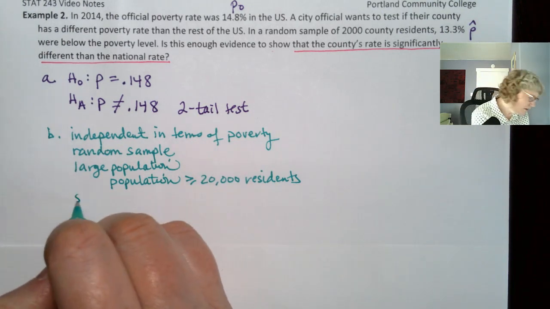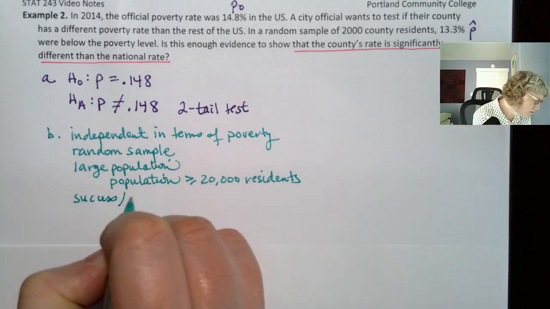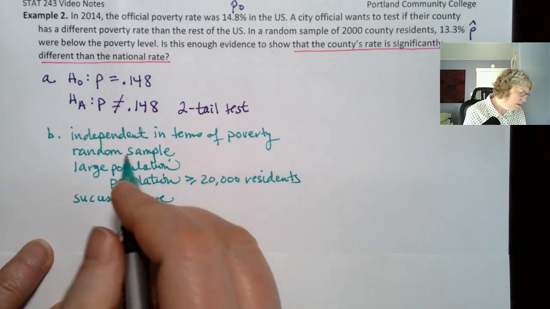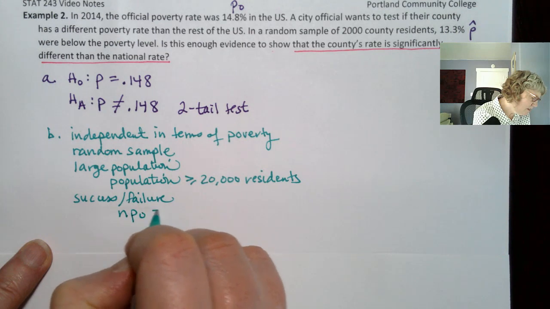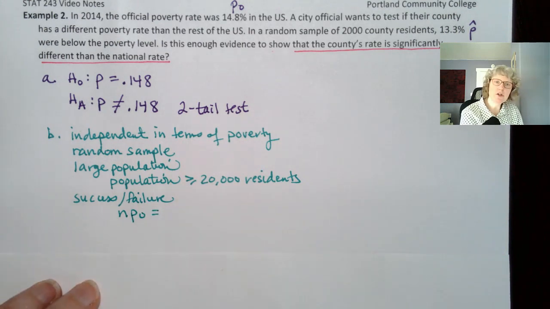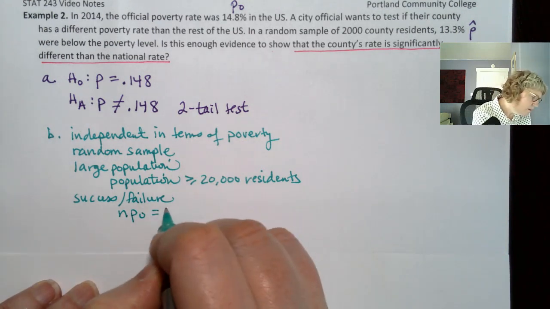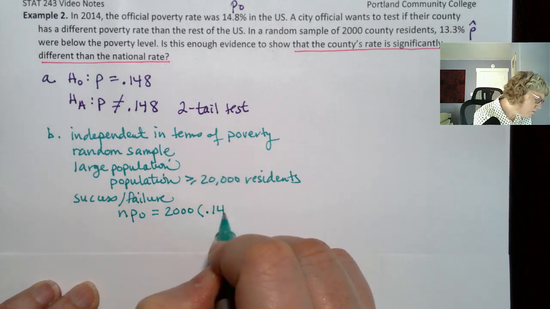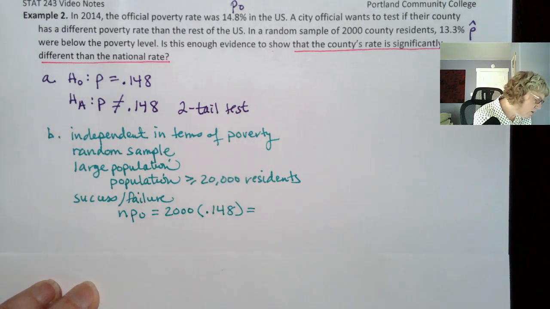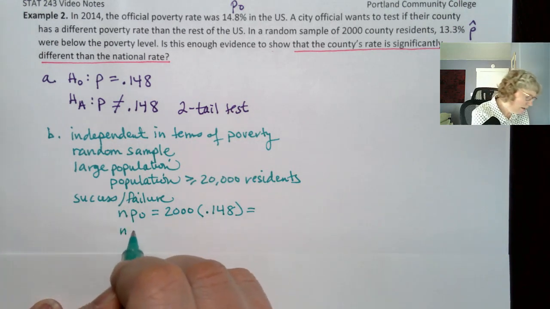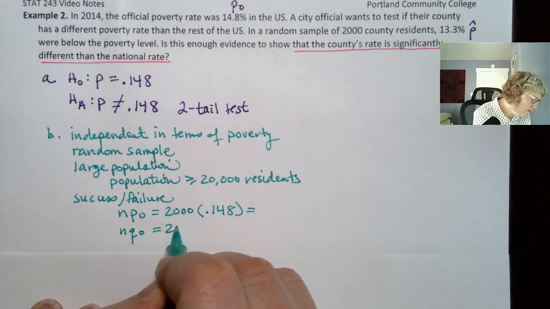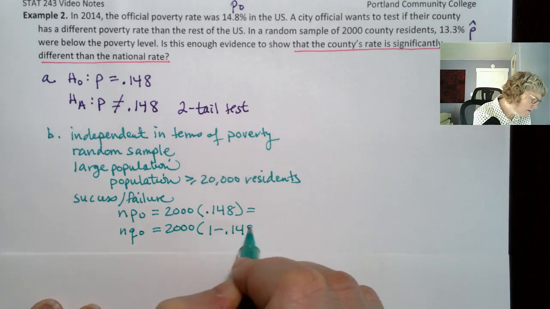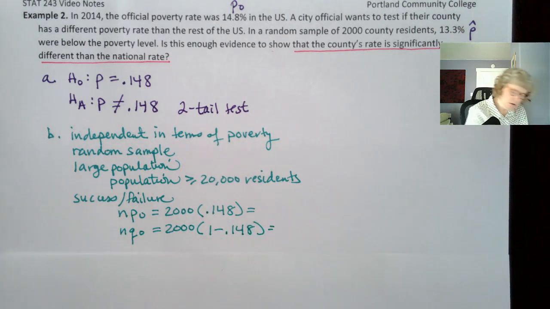Okay, and then I'm going to check success failure. Remember we use our P0 for that, our null. So N is 2,000, not too worried about 2,000, but this 0.148 is on the small side, right? And then our N Q0 would be 2,000 times 1 minus 0.148.